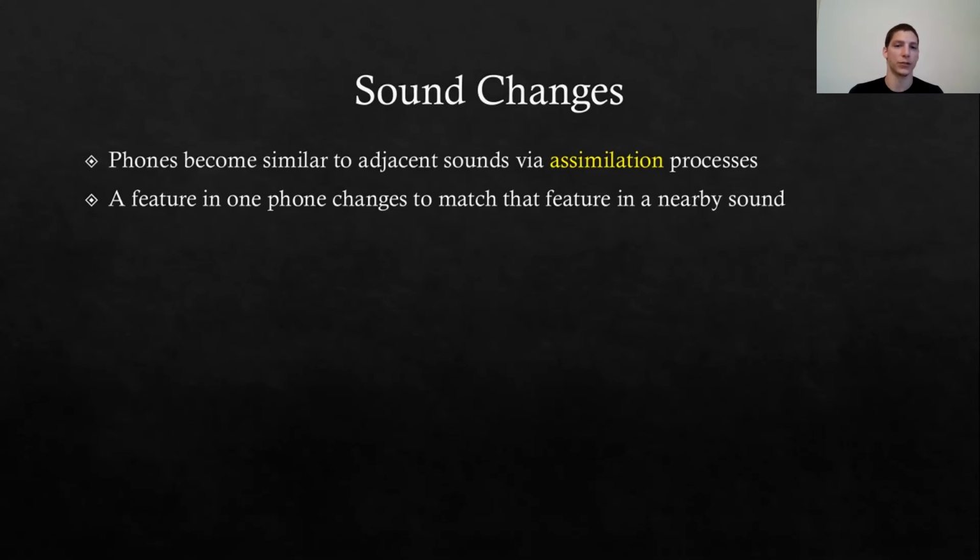And basically the reason you do that is to make speech production more efficient. So if you have a feature in one phone that a nearby sound wants, it will basically change one of its features to match a different feature. So this can happen with any of the three features, right? Place, manner, or glottal setting.